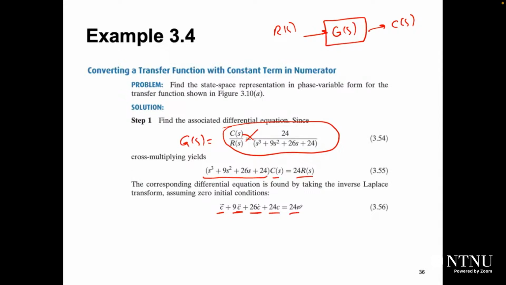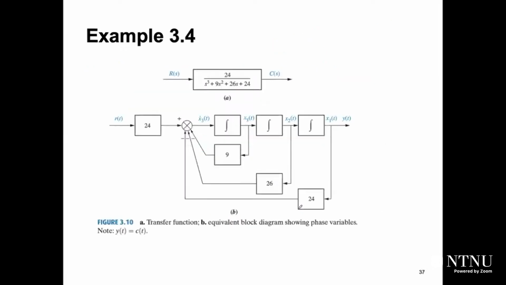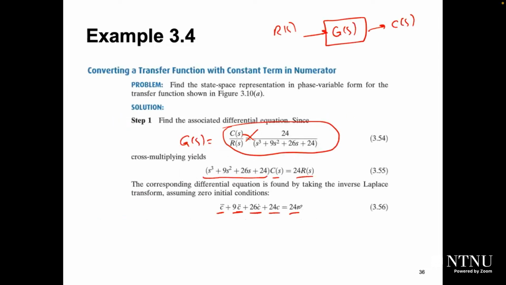So this is my differential equation, right? Of course, we're assuming zero initial conditions. Now I want to write the state space representation of this system.